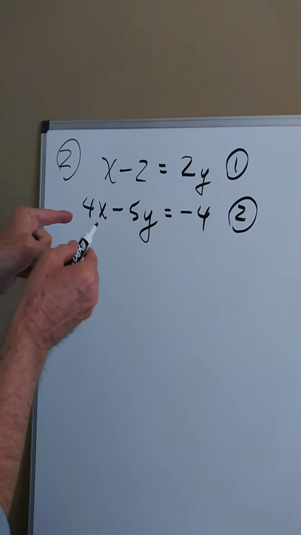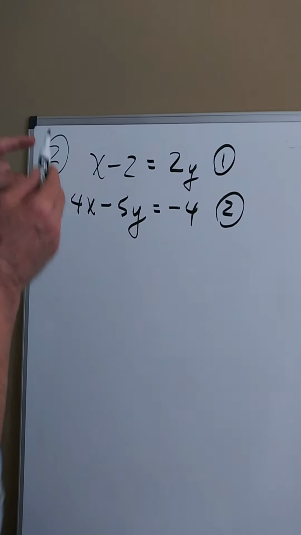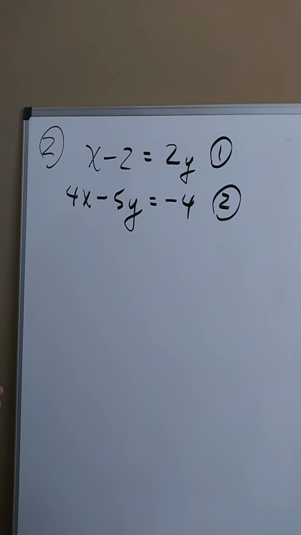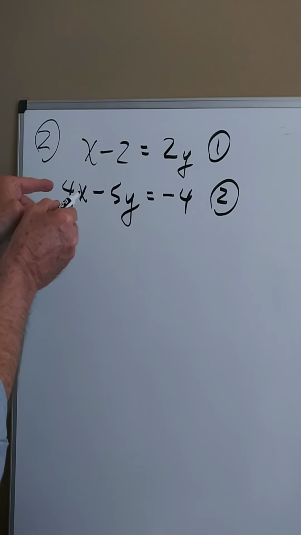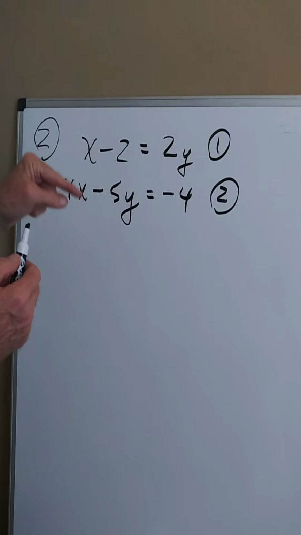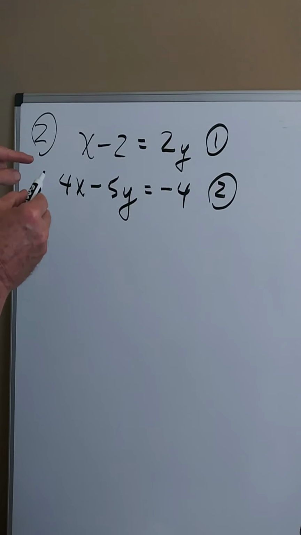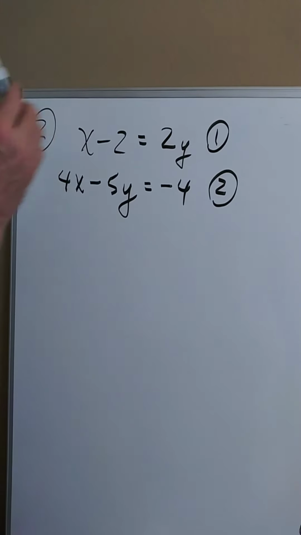Now notice, neither one of the equations has a variable that's completely alone on one side. But one of the equations has a variable whose coefficient is either 1 or negative 1. That's the key.